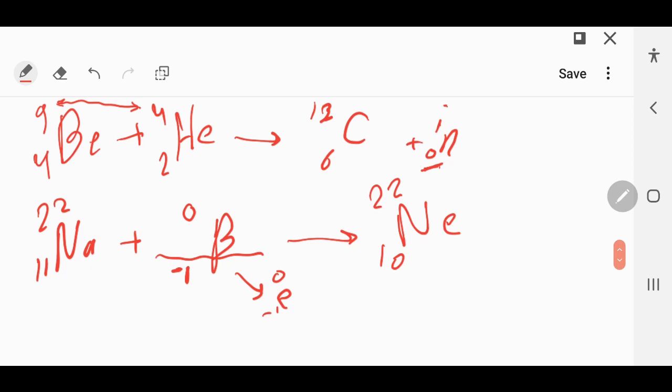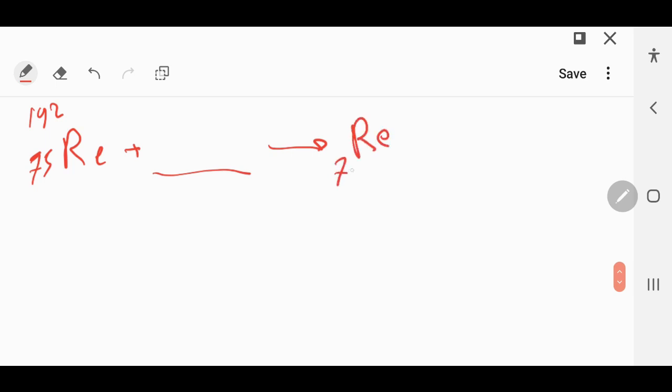Okay, sometimes you could have an equation like, for example, this one. If we have Re 75, 142 plus unknown, it gives us Re 75, 142 plus H 1, 1.